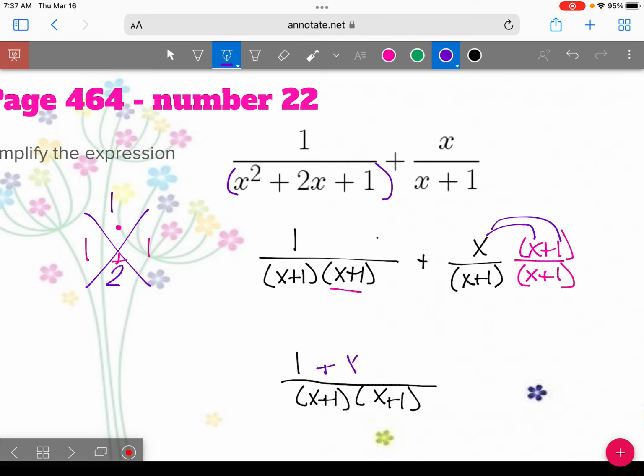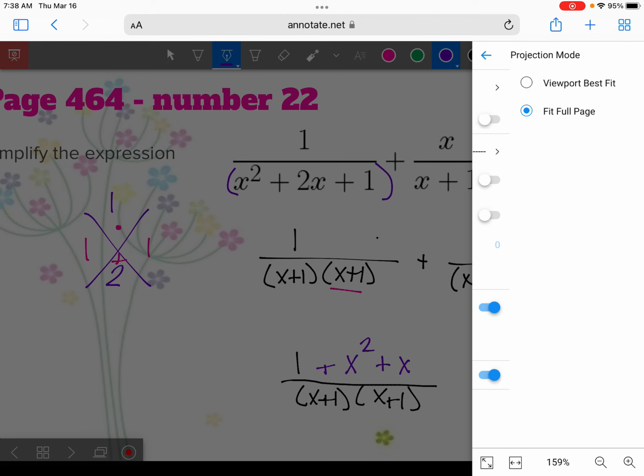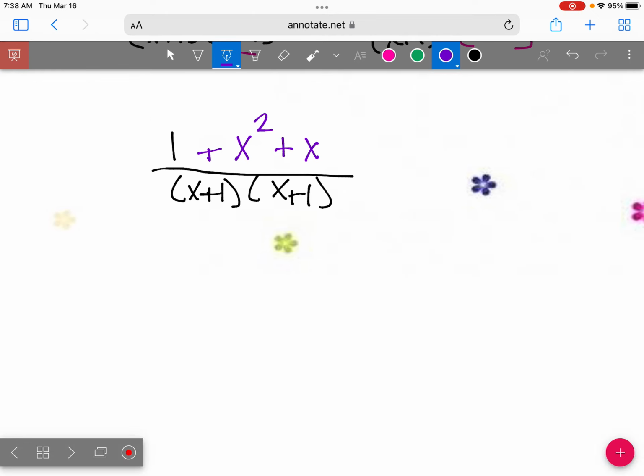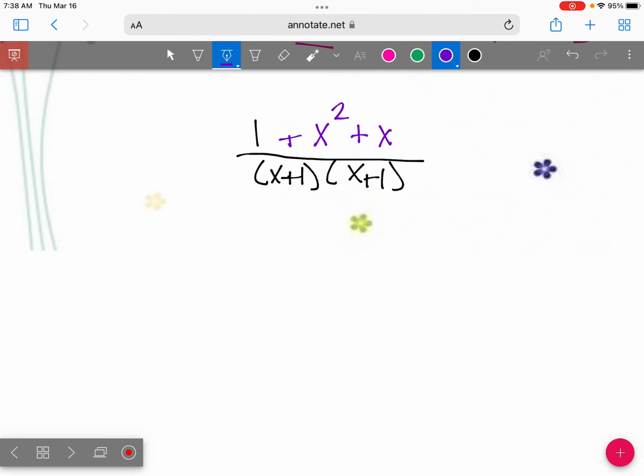X times x gives me x squared, and x times 1 gives me 1x. I'm going to reorganize that because that looks all scrambled. And we're going to see we have x squared plus x plus 1 over x plus 1 times x plus 1.